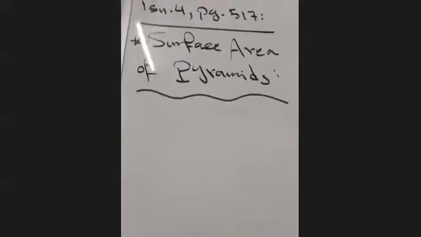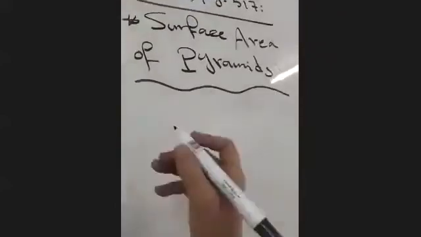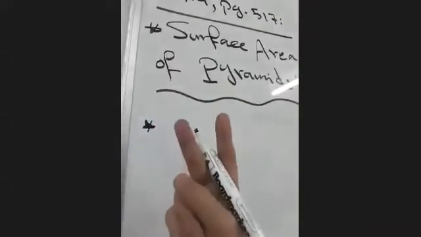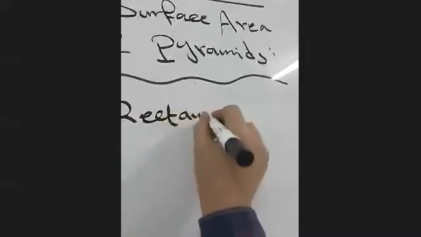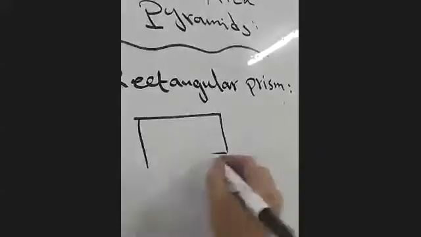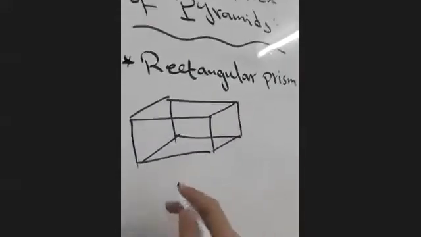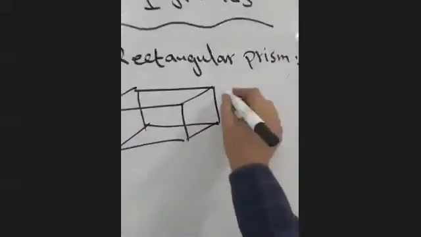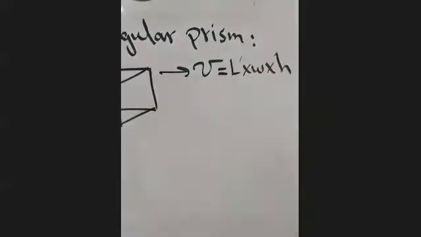Surface area of pyramids. In the previous two lessons, guys, we took surface area of prisms. We took two types of prisms. The first one, rectangular prism, something like the room or the box. For the rectangular prism, we took two formulas. The first one is how to find its volume: length by width by height.